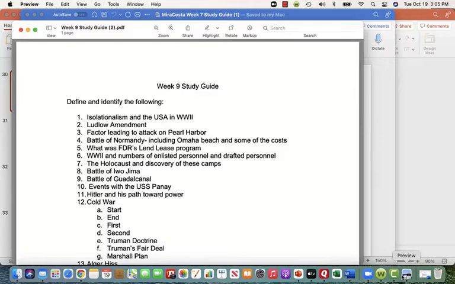There was even a movement, an amendment, trying to get a national referendum where citizens would vote on a declaration of war as opposed to Congress declaring war. That was something called the Ludlow Amendment. It sought to have a national referendum if we were going to get into war. It fell about 40 votes short.